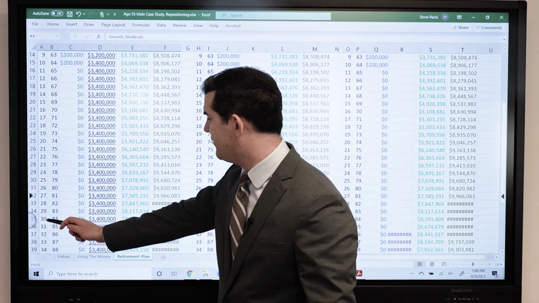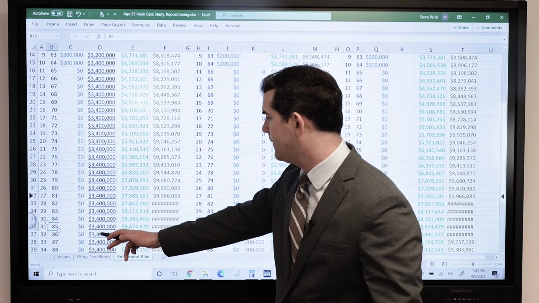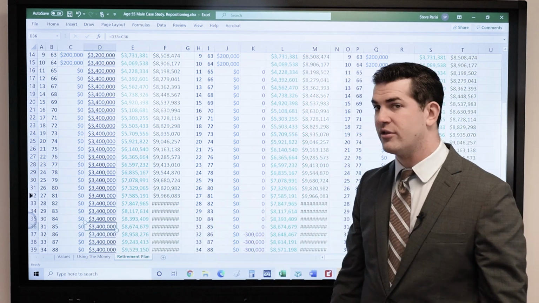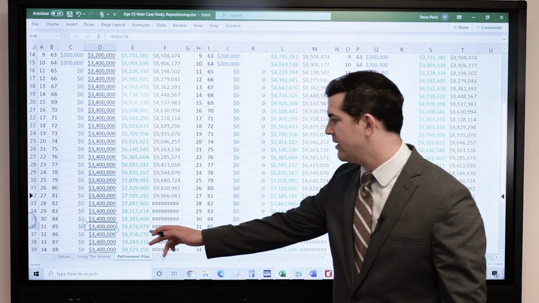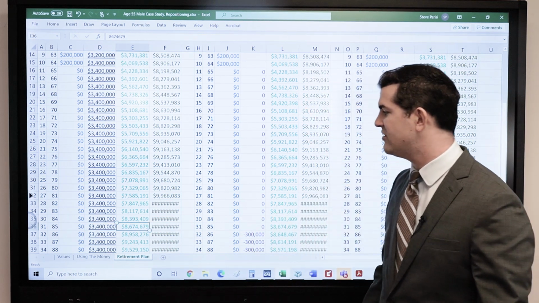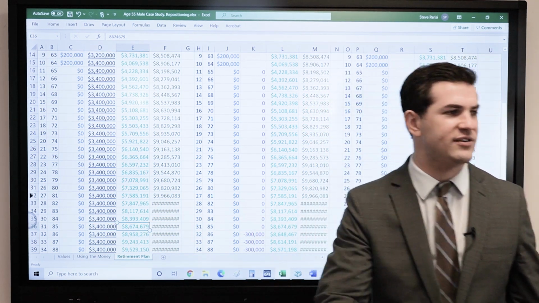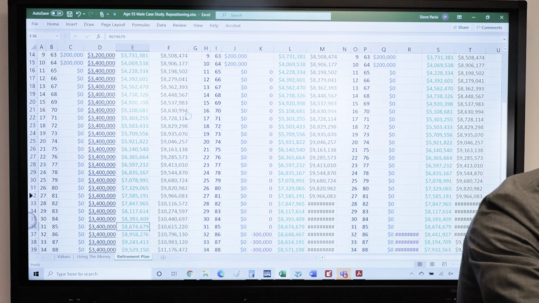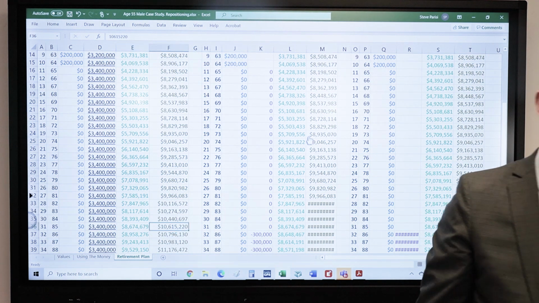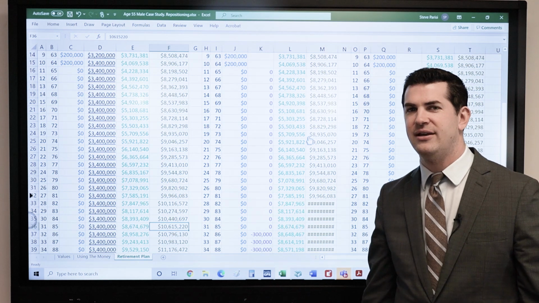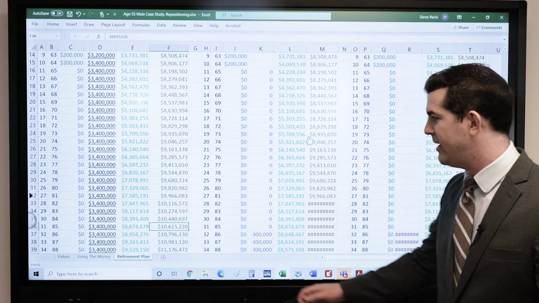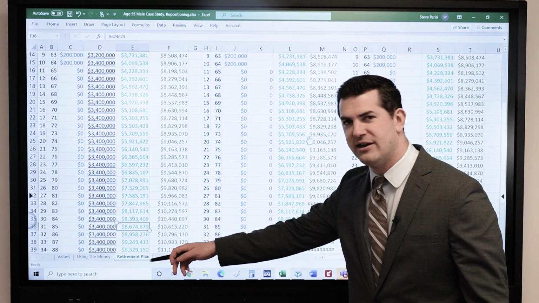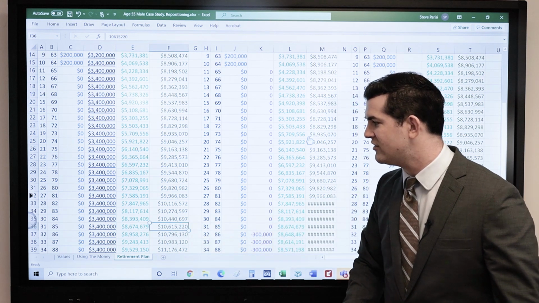Age 85. What do I have here? Total input was still the $3.4 million. Cash value balance, 8.675. We're going to round up to 8.75. Death benefit, look at that, $10.6 million. Before I get ahead of myself, 8.7 million in cash value, 10.6 in death benefit.